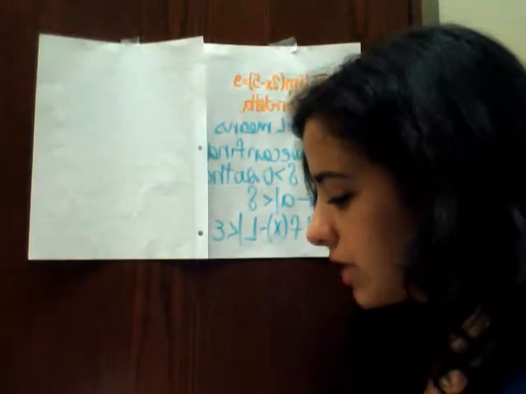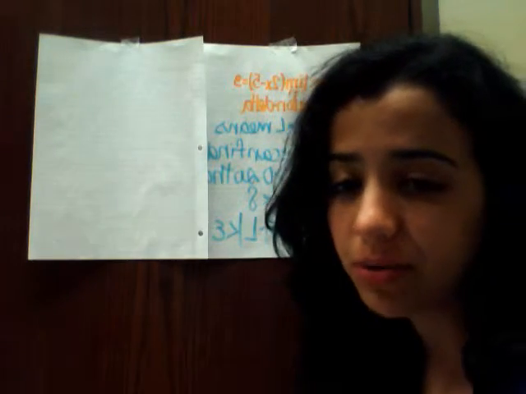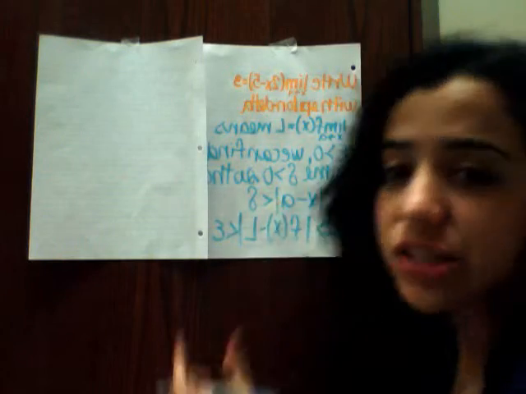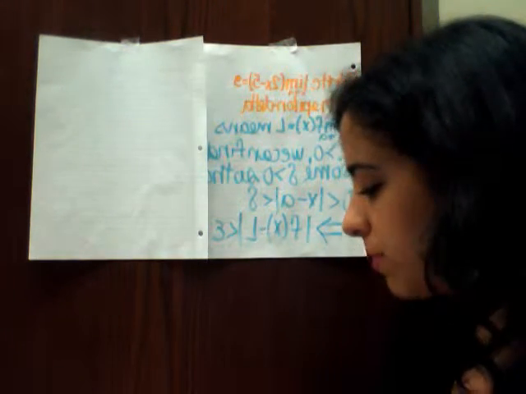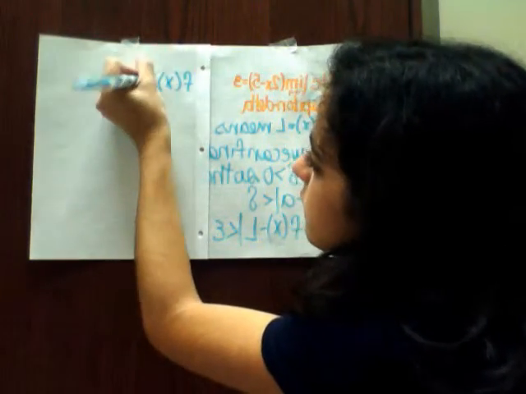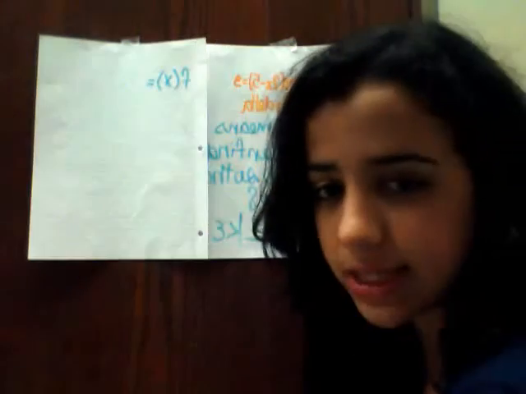Okay, and so in order to answer this question, we need to find the variables to insert in this definition. The first variable would be the function, which is given by 2x minus 5.